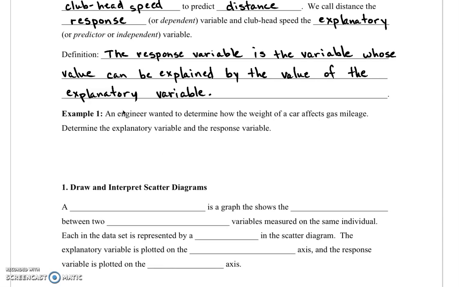So one way we can do this is by using the sentence, the response variable depends on the explanatory variable.